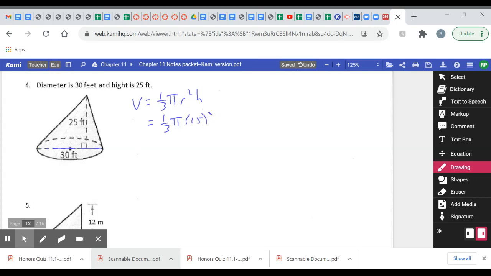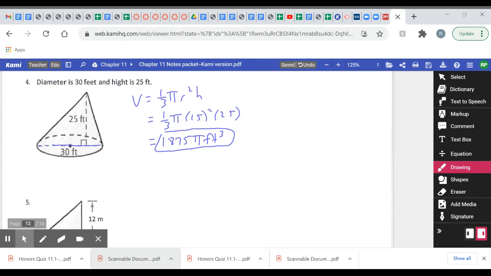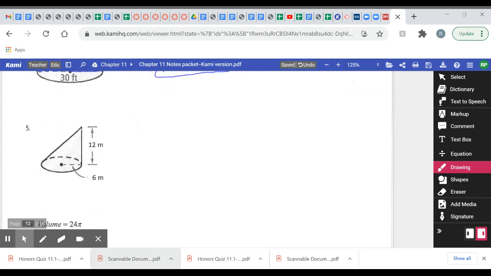And then the height is the right angle distance, and that is 25. So in this case, we get 1,875 pi feet cubed. All right, so that is number 4. And again, the directions said leave it in terms of pi, so that's why we're doing that.